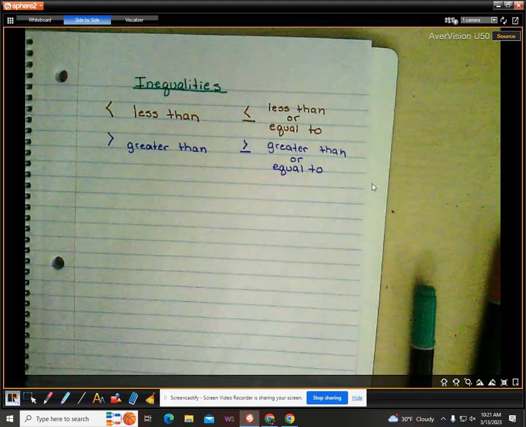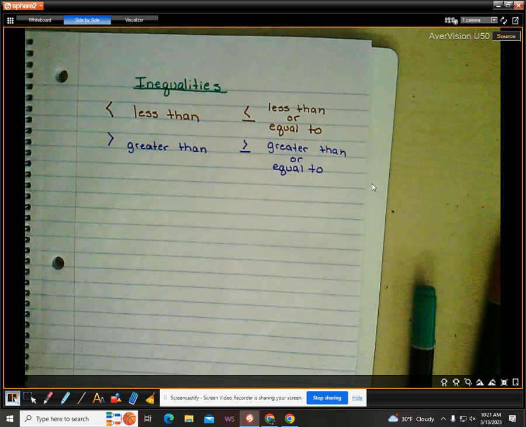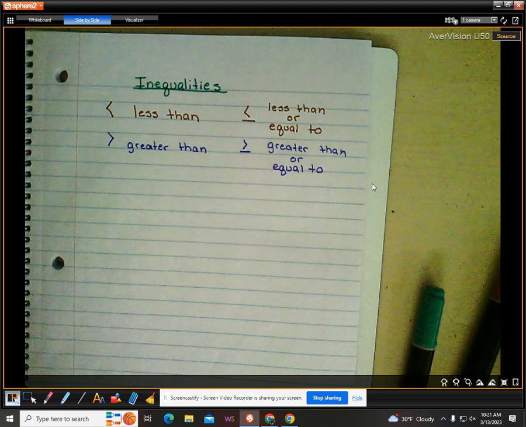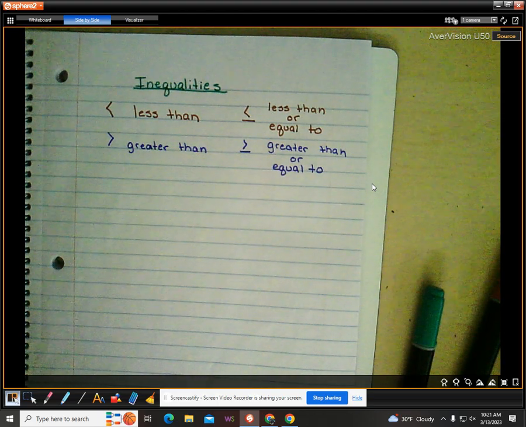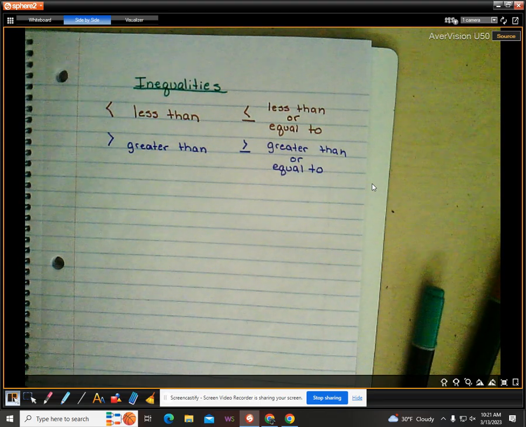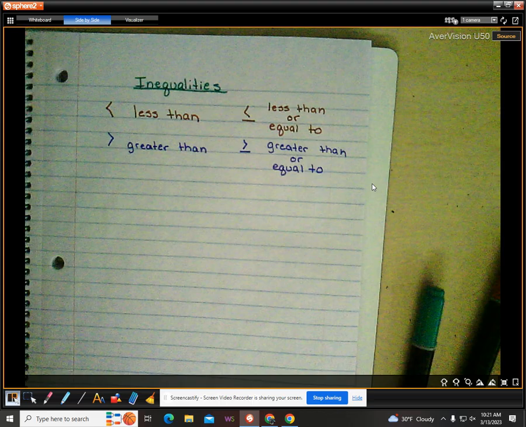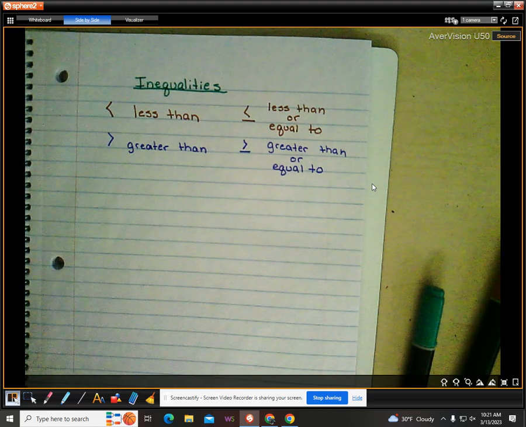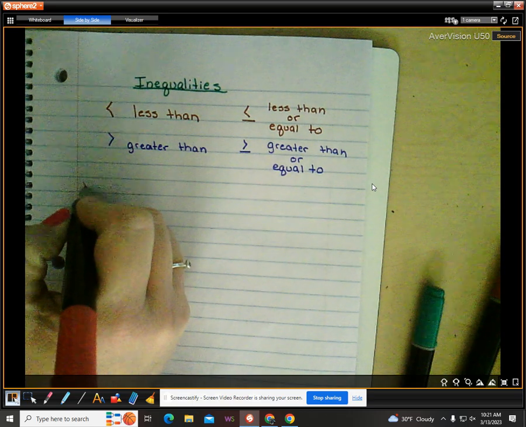Now, here is where inequalities can get confusing. Sometimes these signs can be switched and it still means less than if it's turned the other direction and looks like a greater than sign. And this will make sense as we do examples.